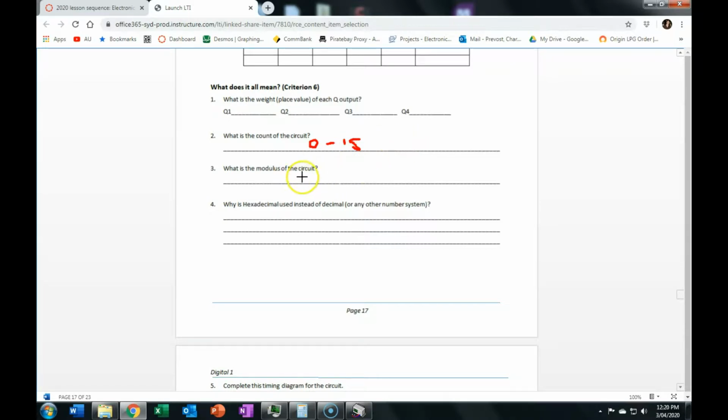The modulus of the circuit is how many different states it could have, which is 2 to the power of 4, which is equal to 16. We use hexadecimal because we can represent binary digits of up to 4 bits with a single character. In computing systems, it's a convenient way of representing binary data.